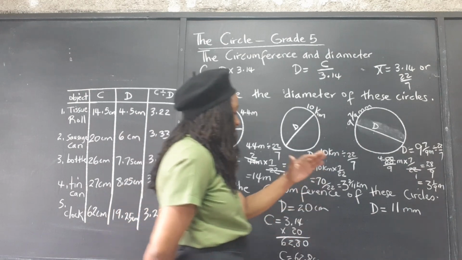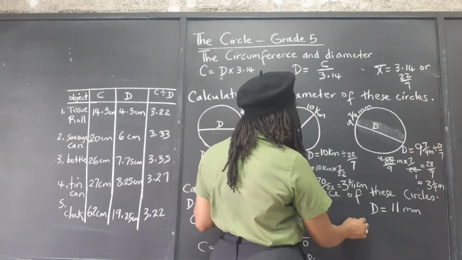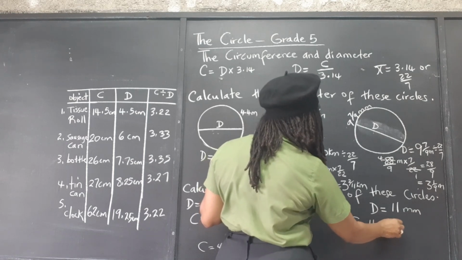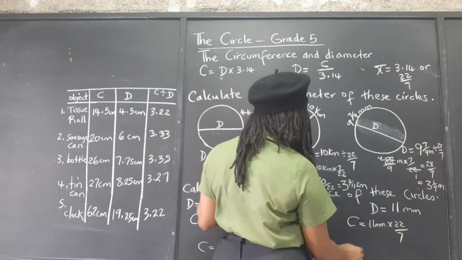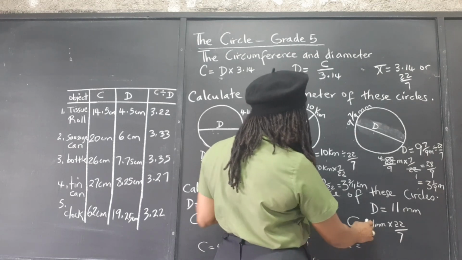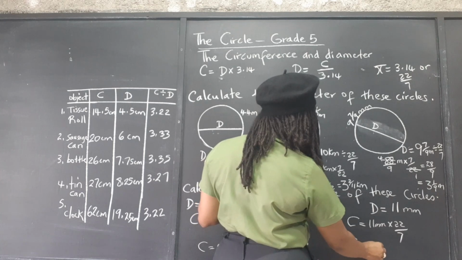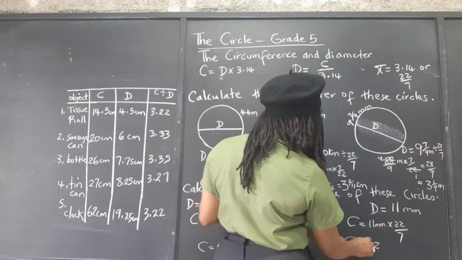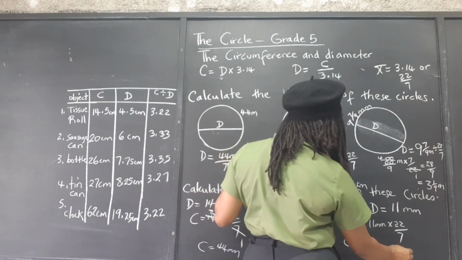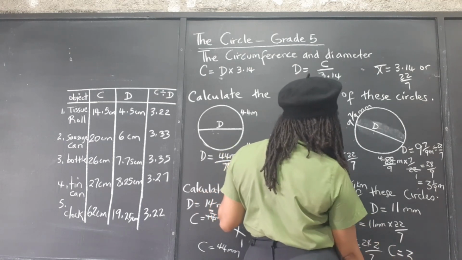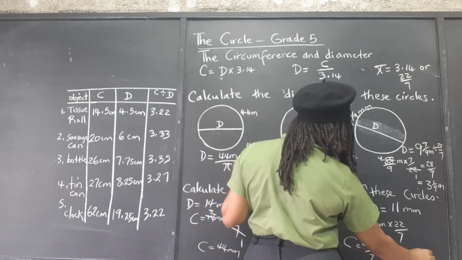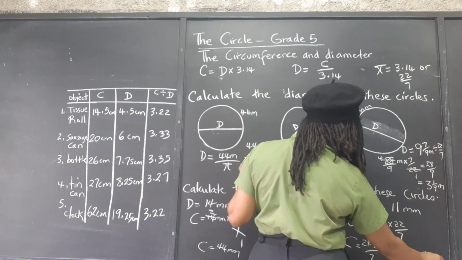If the diameter is 11, the circumference would be the diameter times pi, or 11 2s are 22, plus 2, 24. 7 into 24 3 times, remainder 3, and 7 into 32 4 times, remainder 4 over 7.